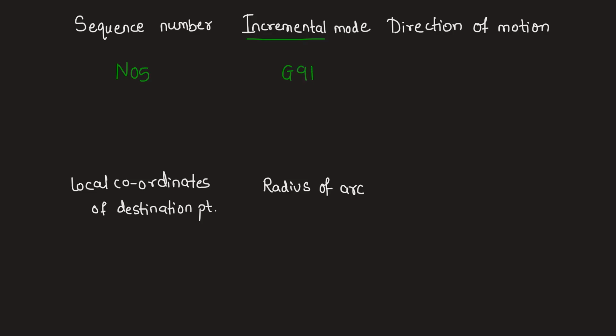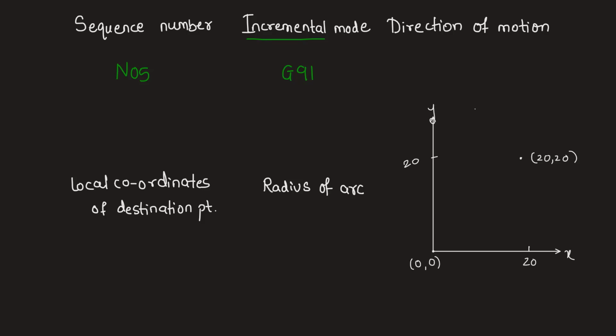Then comes the direction of motion. So we need to identify the direction of motion here. How do we do it? Let's see how the tool is traveling. Let's plot the coordinates. So the origin that is given from where it is starting is 20,20. This is the 20,20 point. This is x coordinate, this is y coordinate.